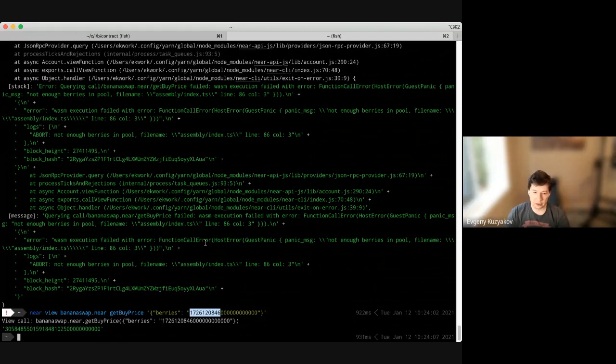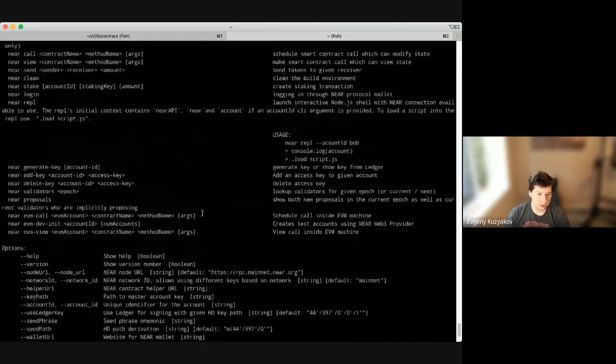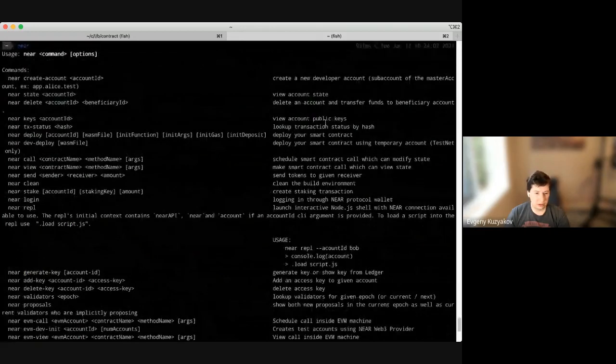So for this, I need to know the state. Because AssemblyScript, how do I actually view state? Is there near view account state?